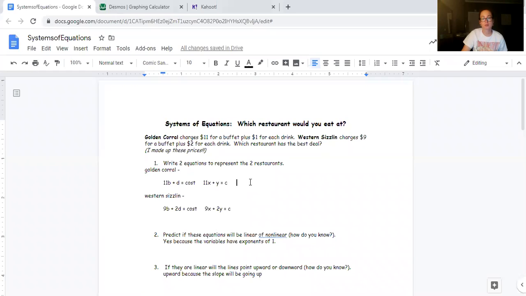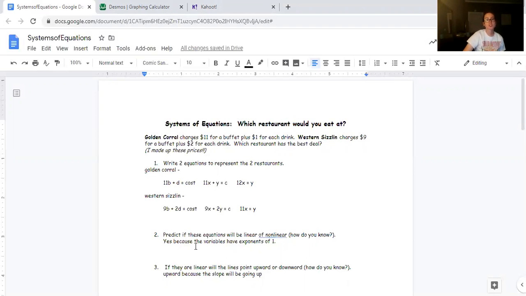So what we can do to fix this is, for this situation, say the cost for every person if they eat a buffet and a drink for Golden Corral would be $12 for every person, so that would be your X, and that would equal your cost, which would be your Y. For Western Sizzlin, we could do the same thing, and that one is $9 and $2, so $11 for every person, 11x, would equal your cost Y.